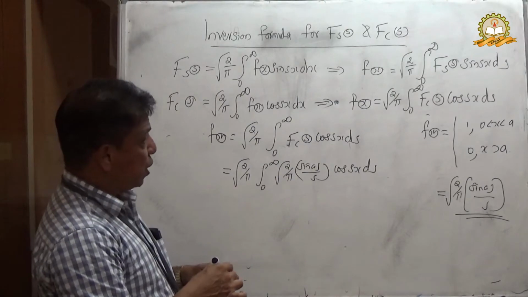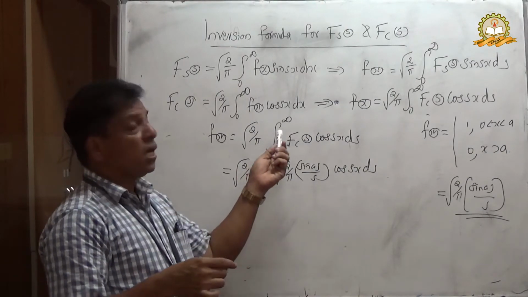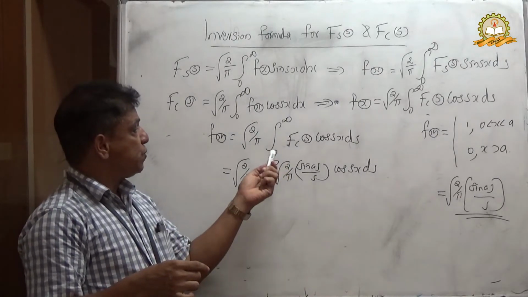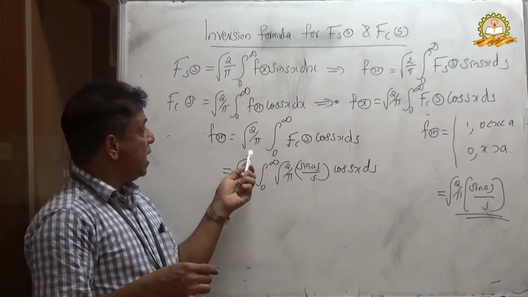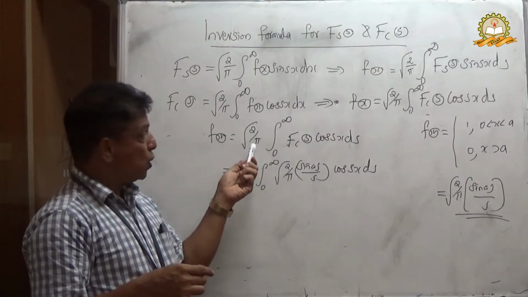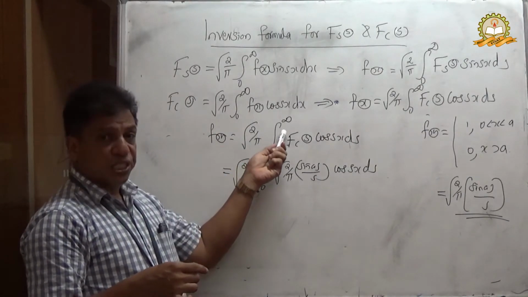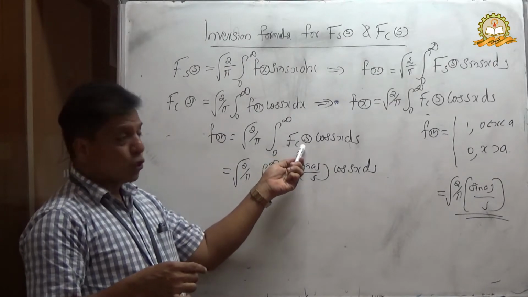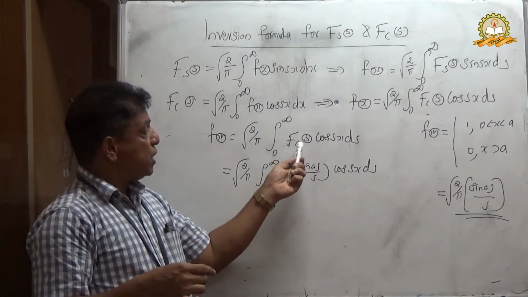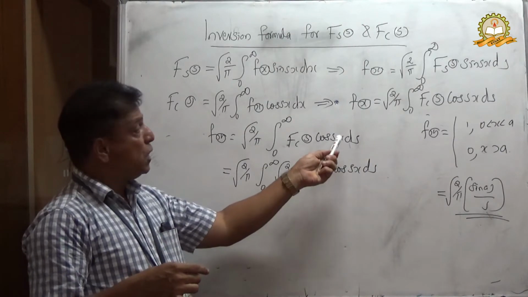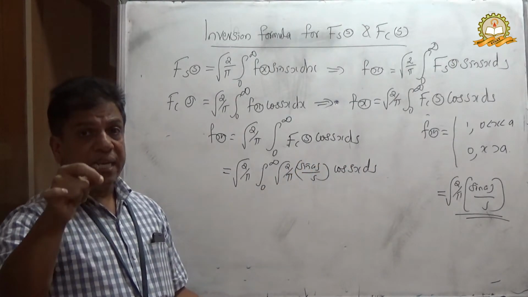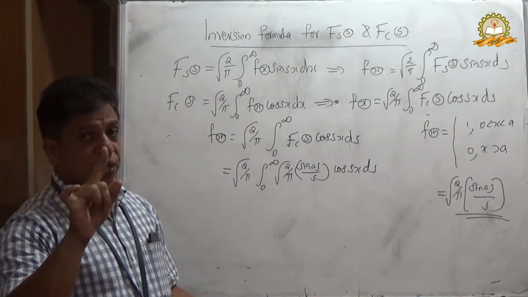To find the original function f of x, we use the inverse formula for the Fourier cosine transform. For that, first we write the formula: root of 2 by pi integral 0 to infinity FCS, that is the Fourier cosine transform we already found, into cos sx into ds. Here we integrate with respect to s, not x. Very, very important point.